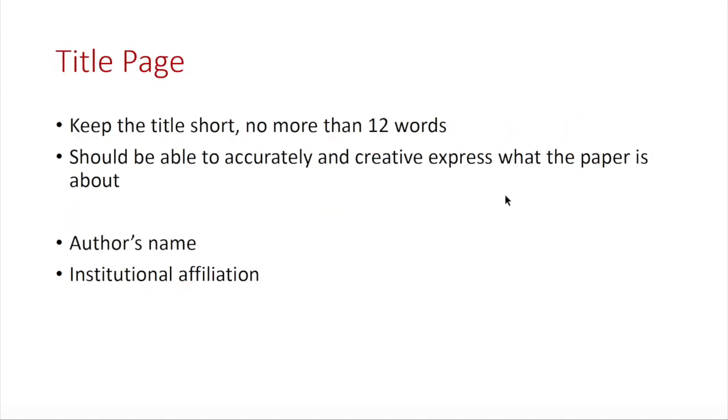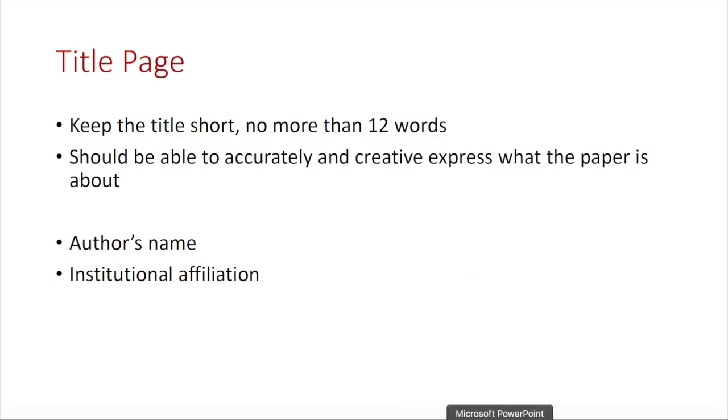Okay. So the first page is the title page. In the title page, we expect to see of course, the title. Keep the title short as much as possible, no more than 12 words. The title should also accurately express what the paper is about.